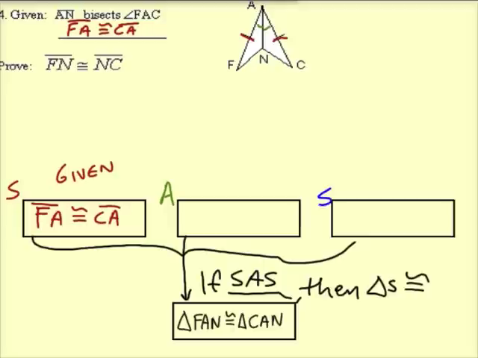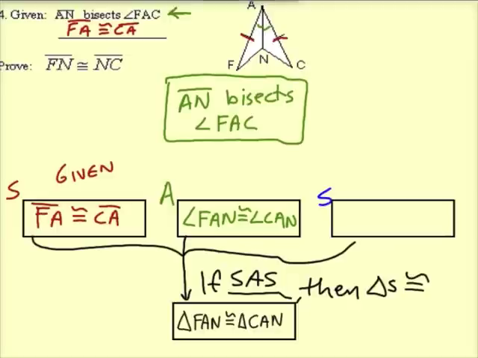The green angles, let's call them angle FAN and CAN. The fact that those two angles are congruent was established from this given piece of information: AN bisects angle FAC. And what does bisect mean? It means cut in half. So we need that as a statement. And then just like in a previous proof, the reason that we're going to use to make that leap is essentially the definition of a bisector.